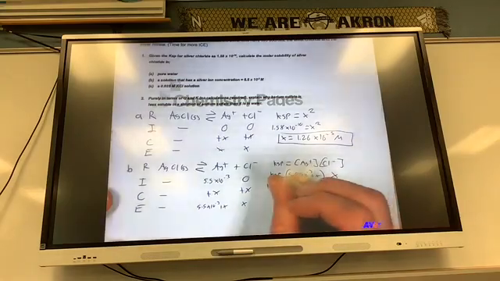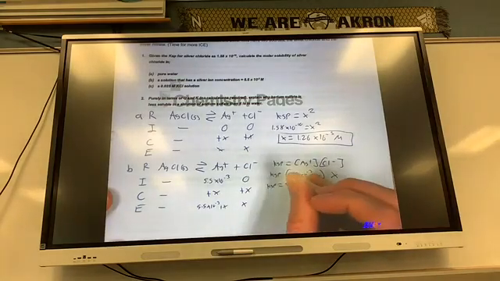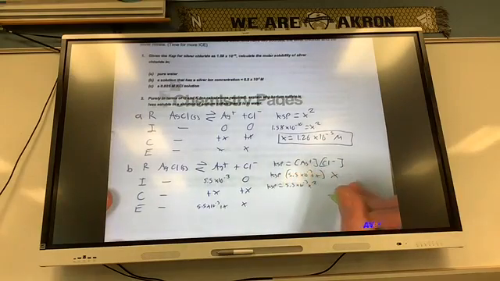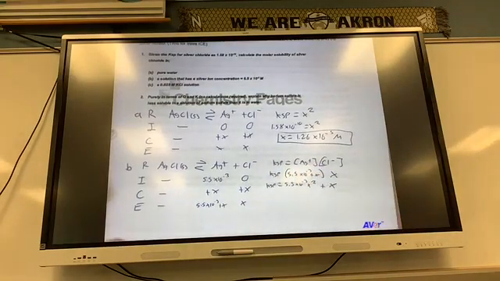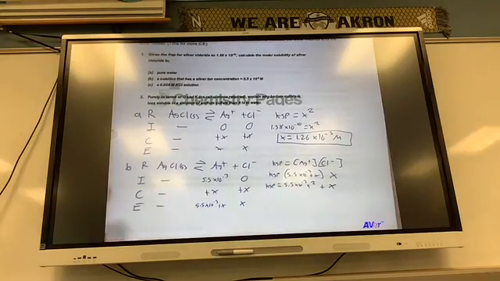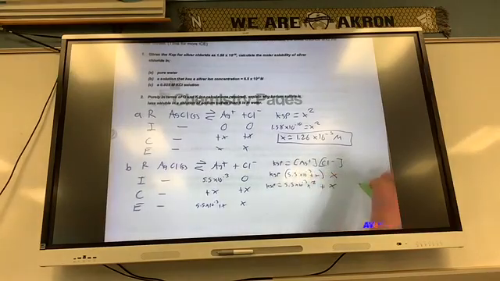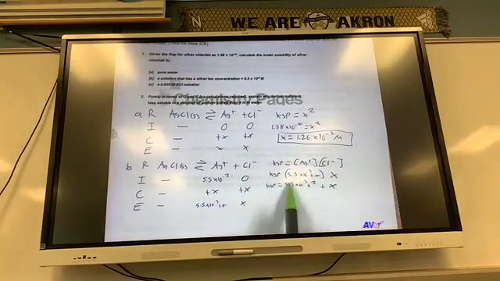So KSP equals 5.5 times 10 to the negative third plus x, times x. Wait a second. No, you're right, just x. It would just be x, right? 5.5 times 10 to the negative third plus x, times x. Yes?